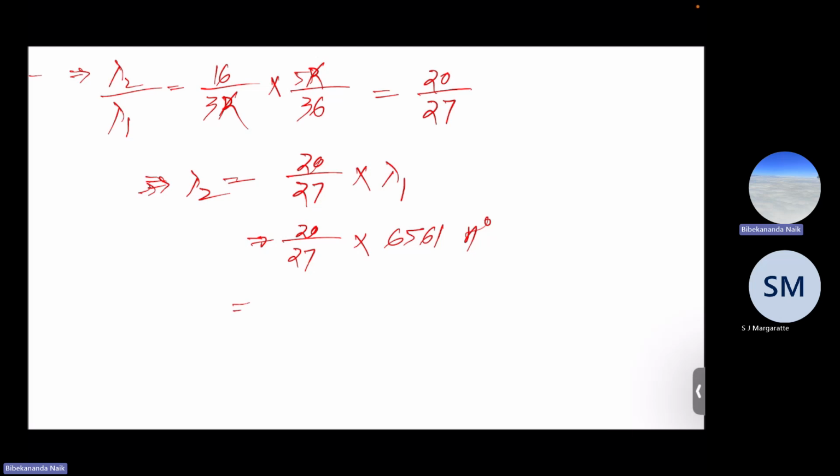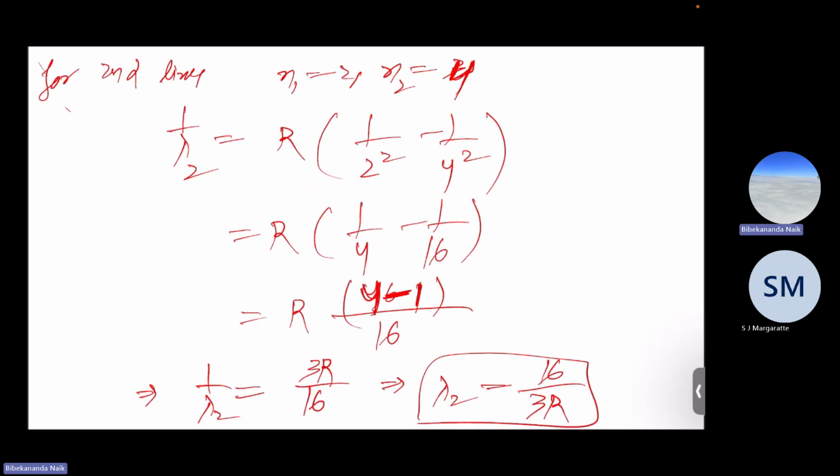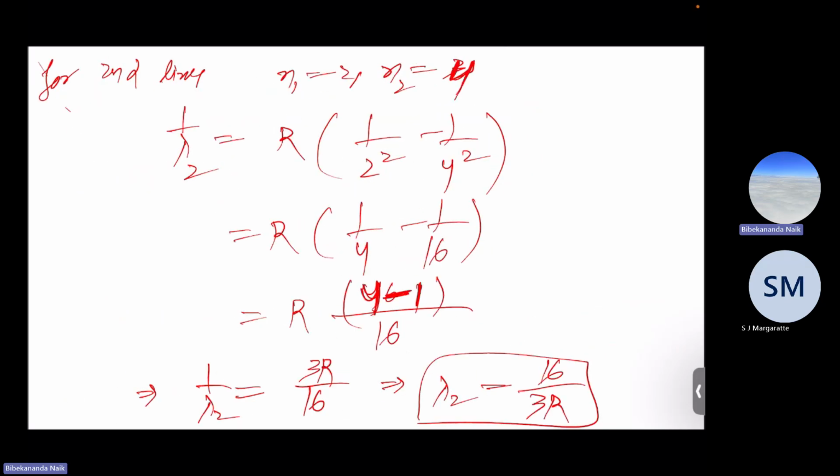So it will come out to 4860 Armstrong. So the second line of the Balmer series will be 4860 Armstrong. So the correct option will be option D, 4860 Armstrong. I hope this is clear to everyone.